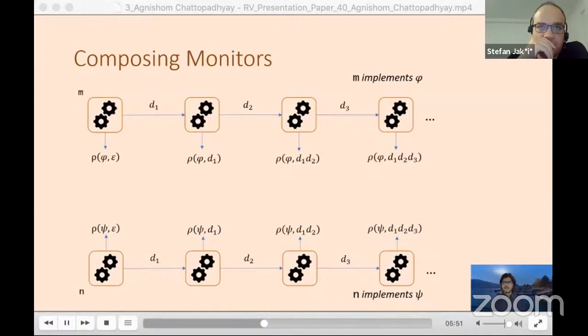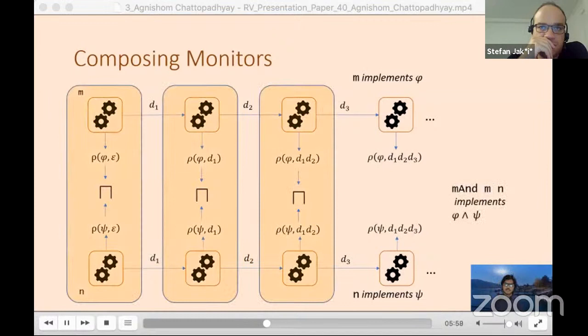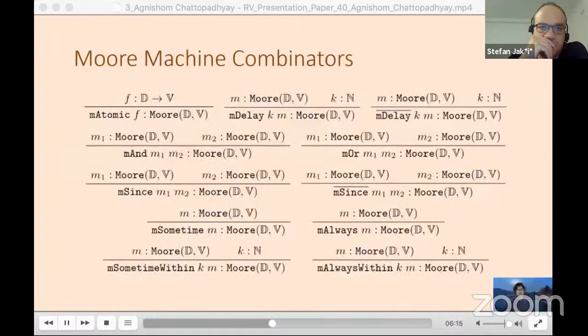Let us say that the monitor M implements a formula psi and the monitor N implements a formula phi. We can consider a monitor which internally runs a copy of M and N, considers the meet of their outputs, and steps both M and N in parallel when an input item is available. This gives us a way to combine M and N into a monitor which implements the AND of the two formulas phi and psi. We call such constructions which compose given Moore machines combinators.